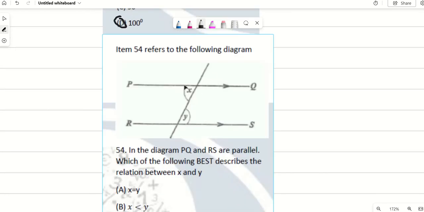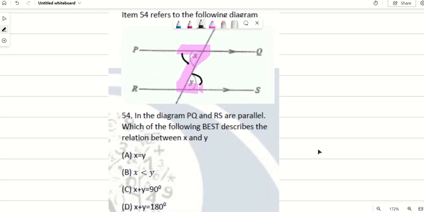This one, we did this already. We said that if there is a parallel line with a transverse line passing through, and if you look at it, you'll see a Z angle. I told you guys, if you look for the Z, the angles inside of the Z are equal. In the diagram, PQ and RS are parallel.